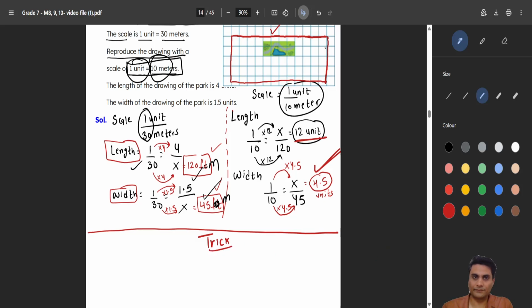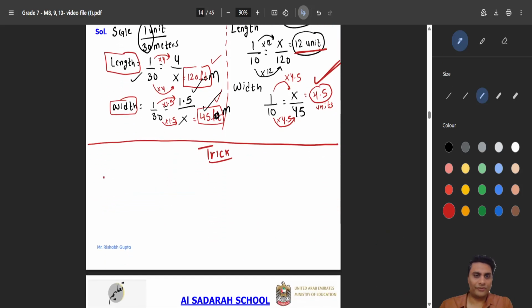Okay, let's see. What was the first scale? Compare the scale with the scale, okay? The first scale was 1 over 30 and the second scale was 1 over 10. Correct or no? So, if you want to go from 10 to 30, you will do times 3.